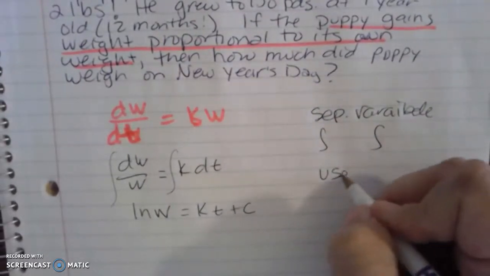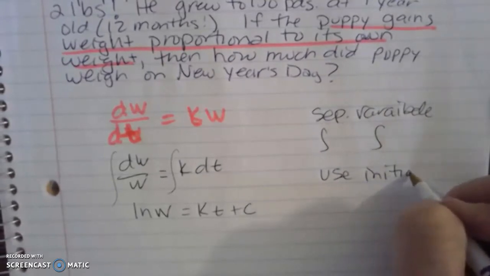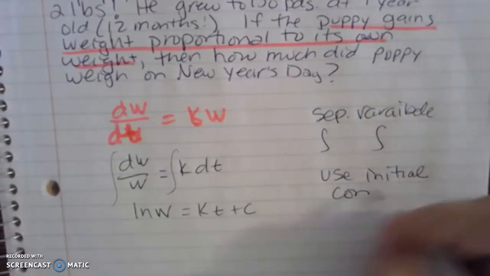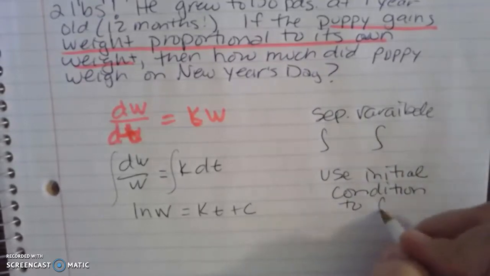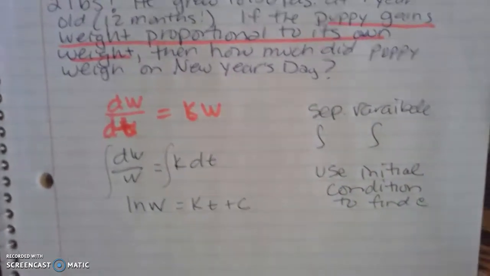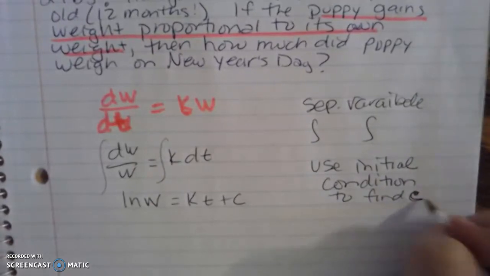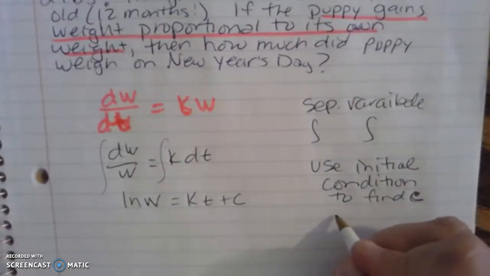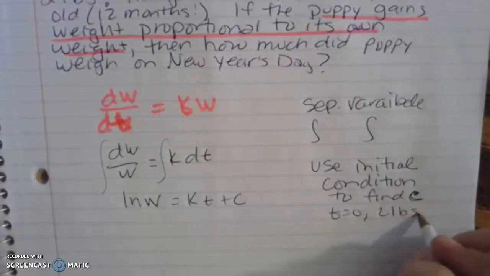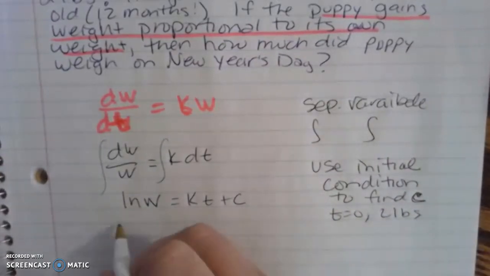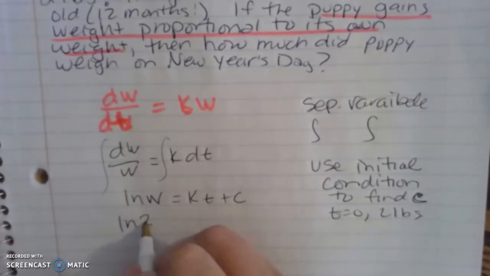Okay, then that's going to set us up for finding out what c is. We're going to use the initial condition to find c. Well, in this problem, when he was born, at time 0, he was 2 pounds. So we're going to plug in ln 2 for weight.